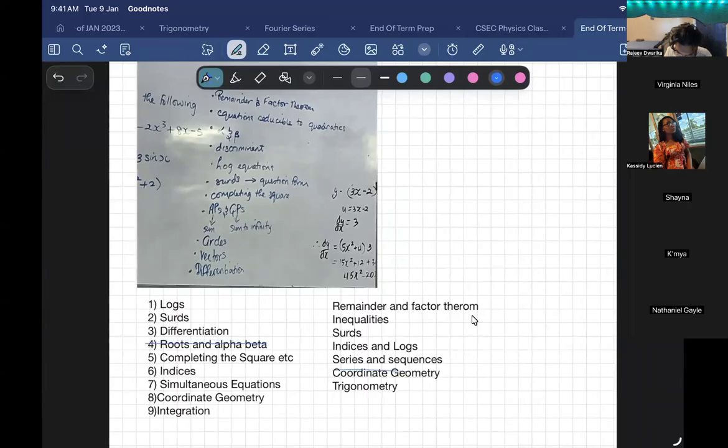All right. What else? What else is a cause for sore eyes? Anybody? Inequalities, like just knowing the order sometimes. Yeah. Okay, no problem. Well, there we go.